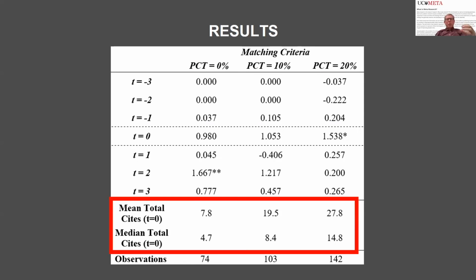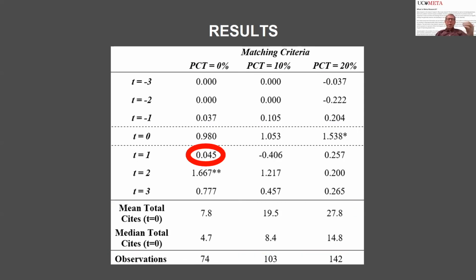Okay, so let's go ahead and look at what these numbers mean. So here's, again, just one number. This is looking at the closest match. So this is the case where the controls and the treateds, the original studies, don't differ by more than 1 citation over the entire pre-treatment period. And this is the estimate for the year after the replication is published.